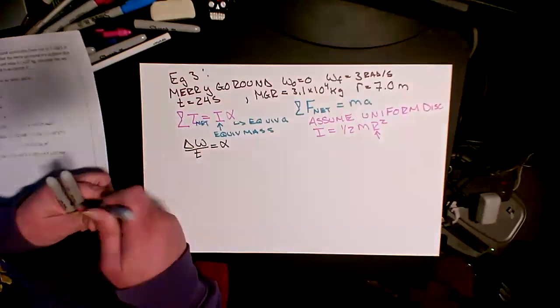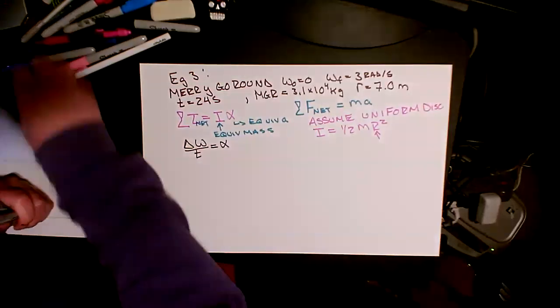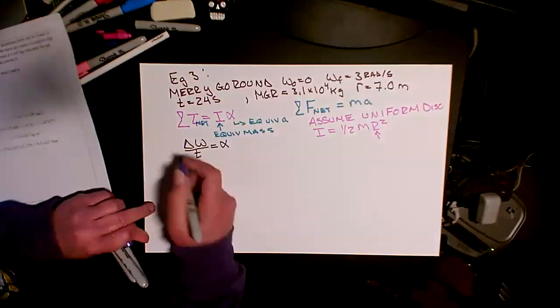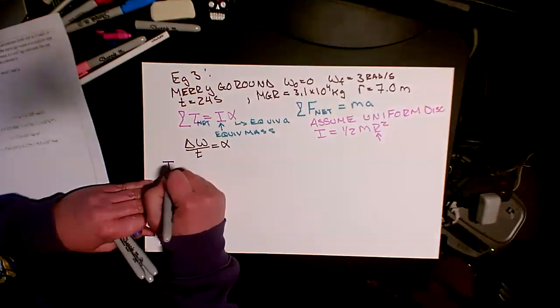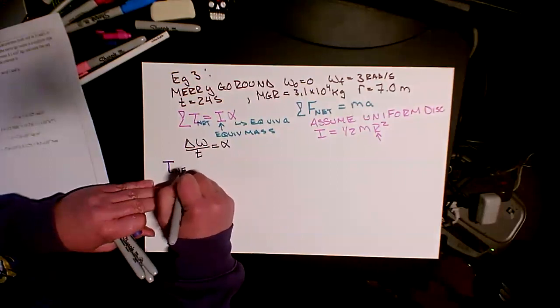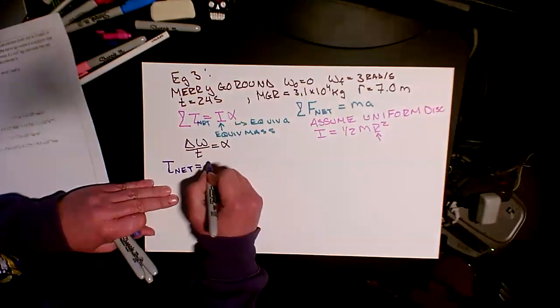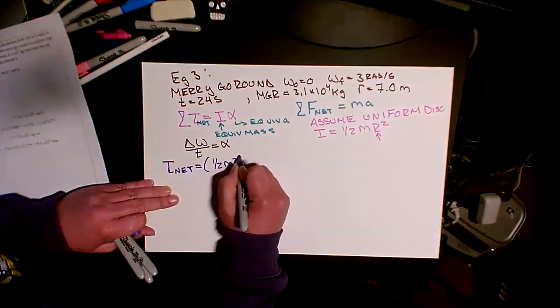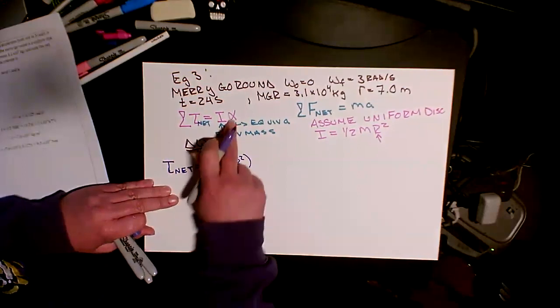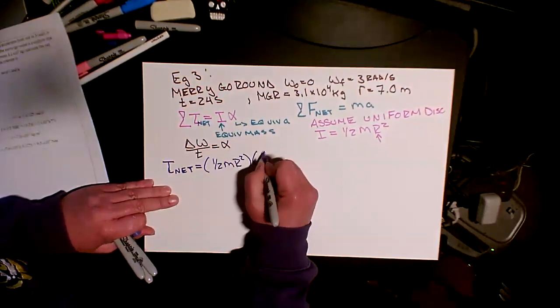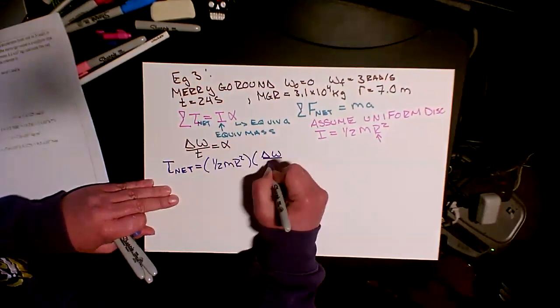So we can write this out if we want as my torque net. Torque net is going to be, for my I, 1/2 mr squared times my alpha, d omega dt.